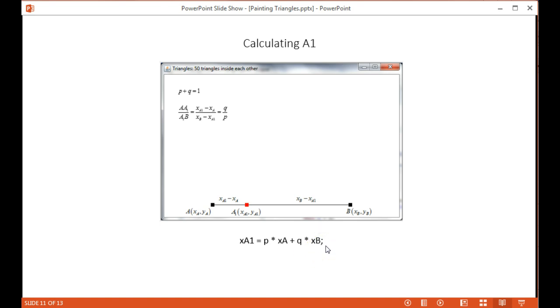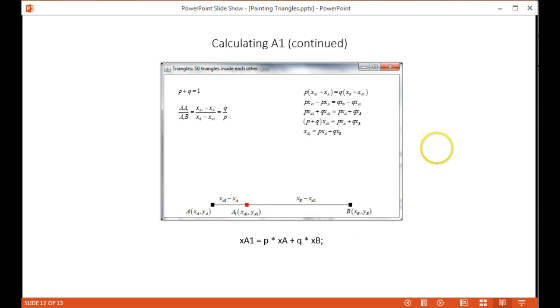So let's see, here's how I broke it down. So I'm starting with this portion of the, there's kind of a double equation here. I'm starting with this right-hand equation, x sub a1 minus x sub a over x sub b minus x sub a equals q over p.